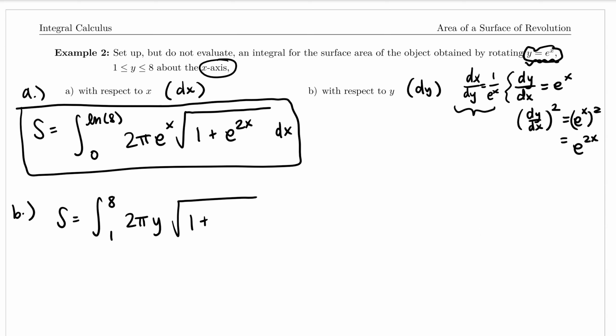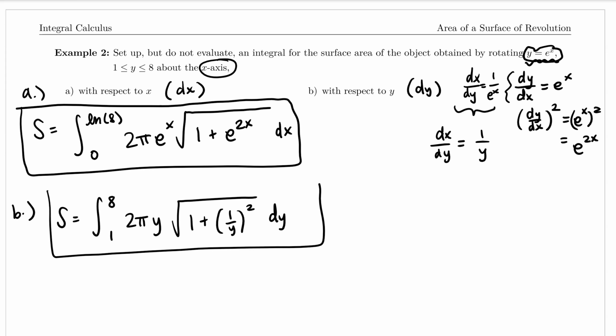So that could also be rewritten as dx over dy is equal to 1 over y. So I'm going to come over here and put 1 over y quantity squared, and then dy. And here is our answer for part B.